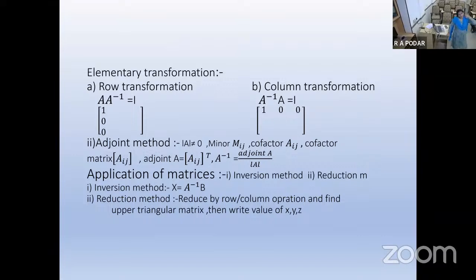When you apply row transformation, what is the basic? When you find the inverse, first find the determinant value and write: determinant A is not equal to 0, so inverse of the matrix exists. If you solve up to this, you get 1 mark even if your performance is poor. As you start row transformation, you have written that statement, and after that you apply A into A inverse is equal to the identity matrix.